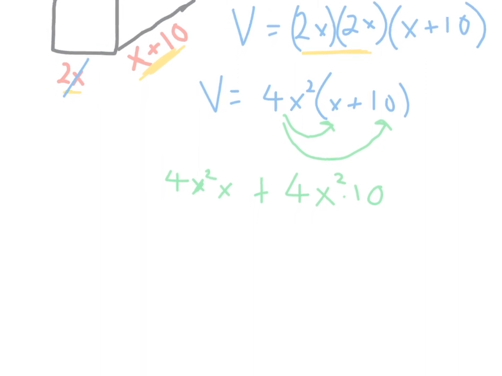Now, look, we can simplify what we've got. It's the final correct answer, but it's not the final simplified answer. So 4 stays as it is because it's the only number here, only constant. And then x squared times x, remember, to add your exponents, that's going to become x cubed. And then over here, you have the 4 times the 10. 4 times 10 is 40.